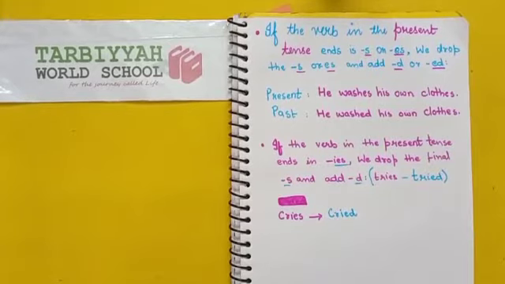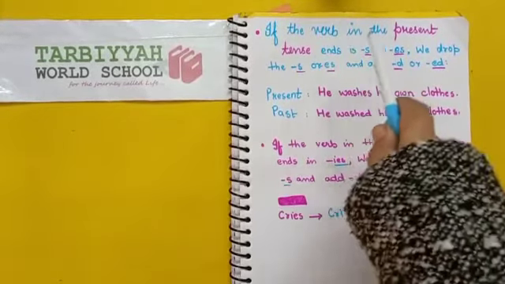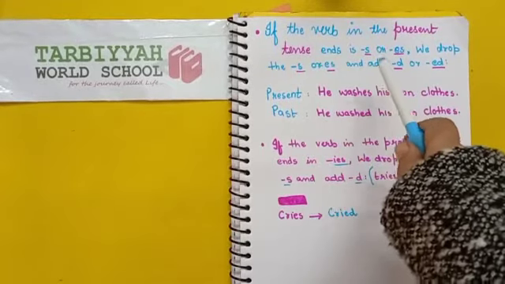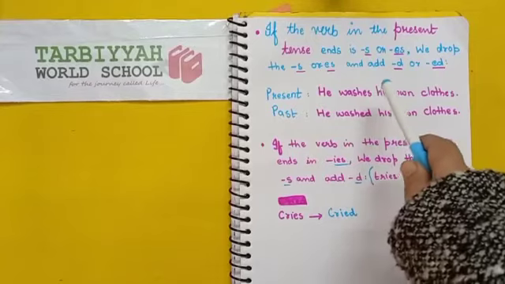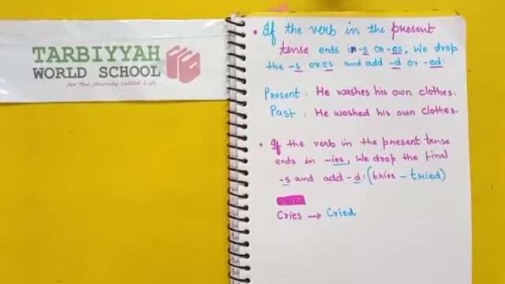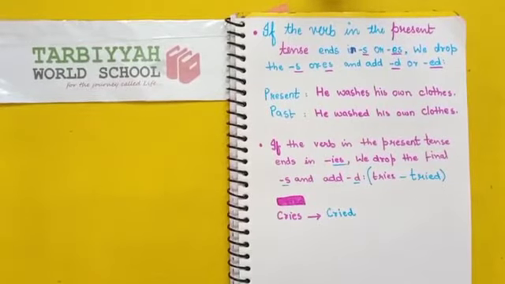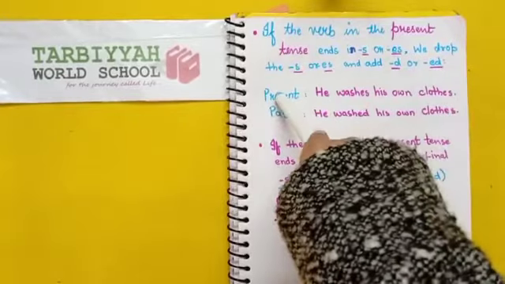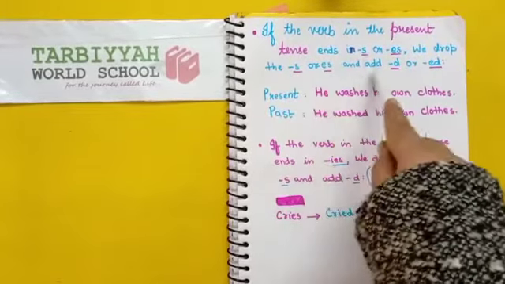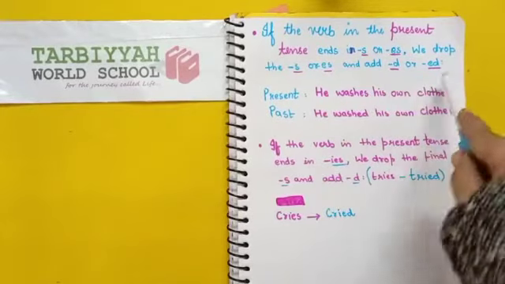If the verb in the present tense ends in s or es, we drop the s or es and add d or ed.